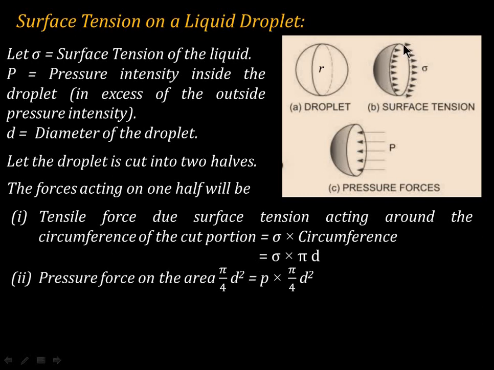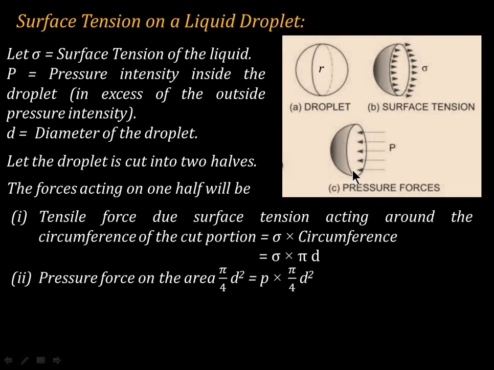Now we have considered the circumference, but what about the circle? What about the inside part? On this inside part, the pressure force will be acting. This is the liquid droplet, so it is filled with water, and on the inside circular section we will have pressure forces.